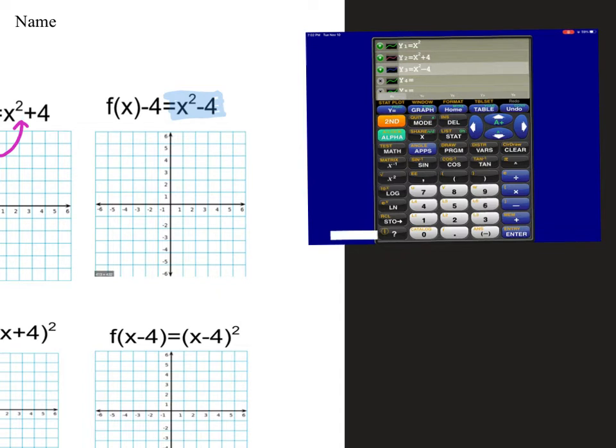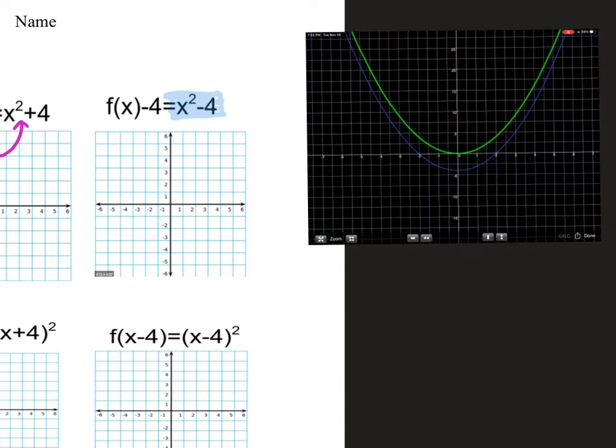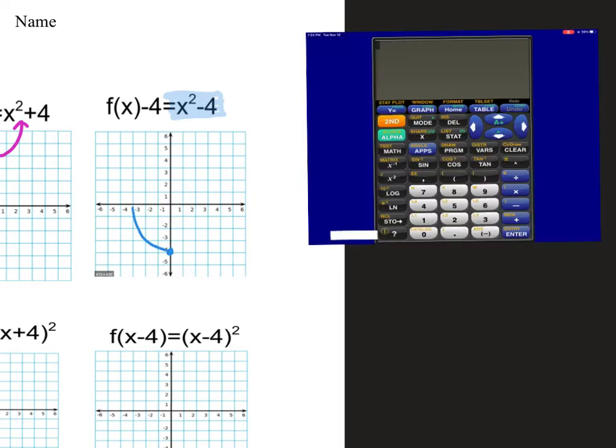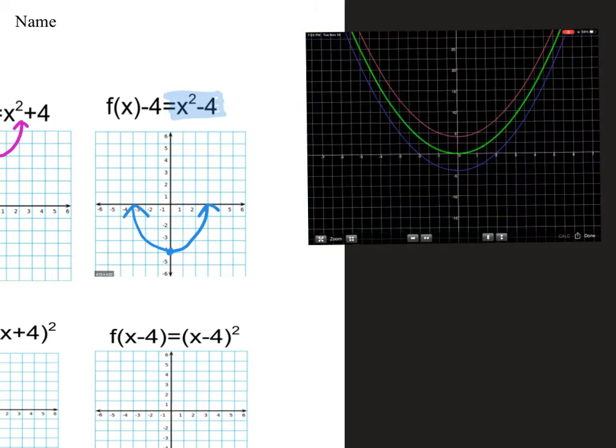And I'm going to change this line to blue. So x squared minus 4, hit graph, and now this one looks like it's gone down below, and we will draw a U. And those are the 3 graphs together.